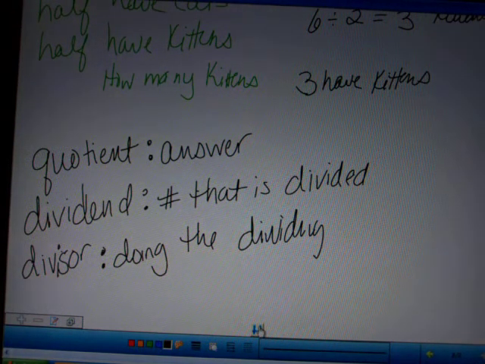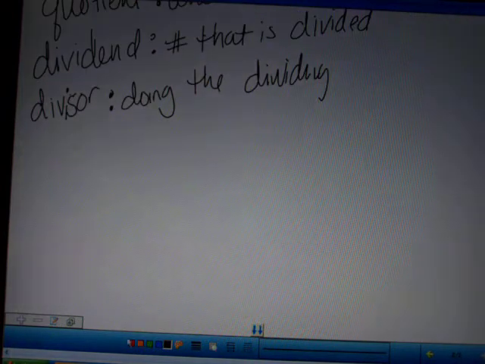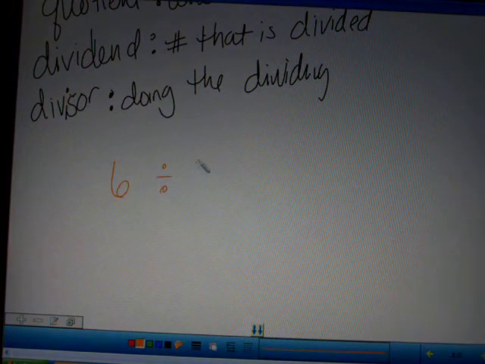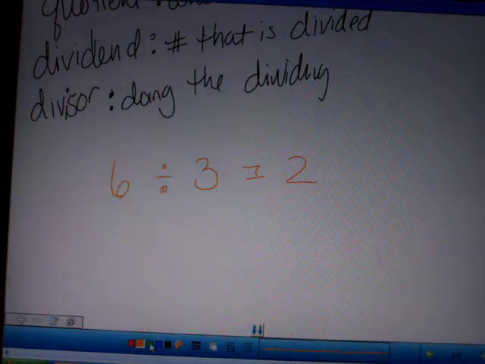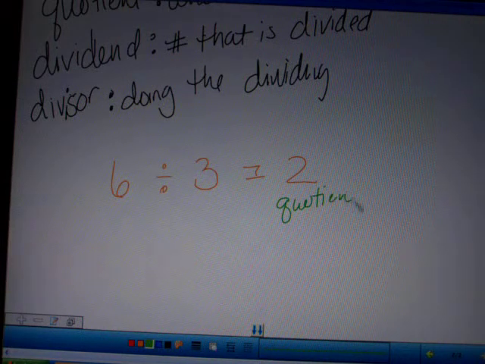So if we go back to our example here, where we've got 6 divided by 3 equals 2. This is my quotient. This is my dividend. It's the number that is being divided.